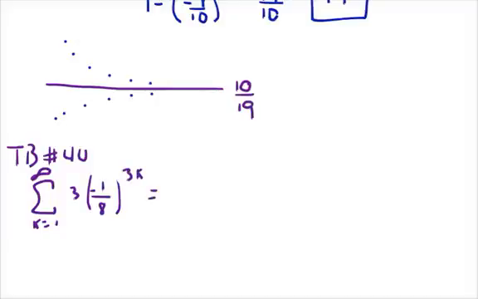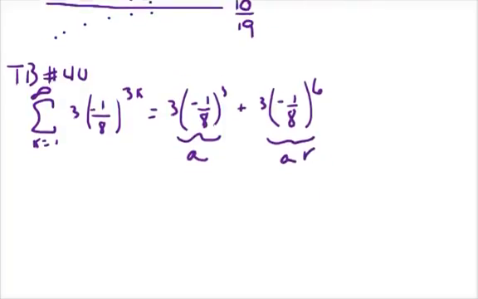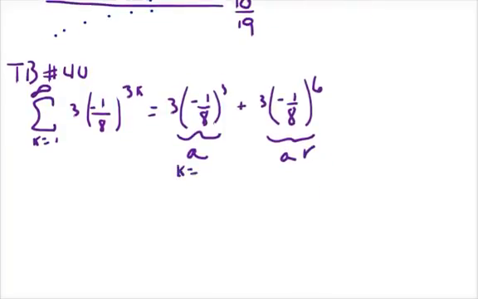So this written out becomes 3 times minus 1/8 to the third. That's your first term. And 3 times minus 1/8 to the 6th. That's your second term. Just recall that this is a and this is ar, right? For k equals 1 and k equals 2.